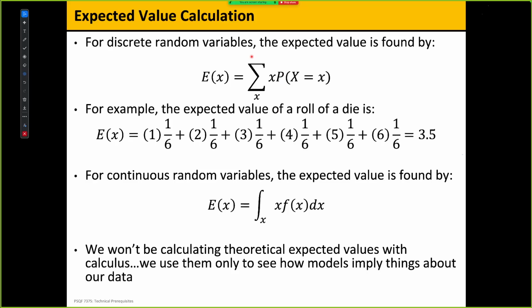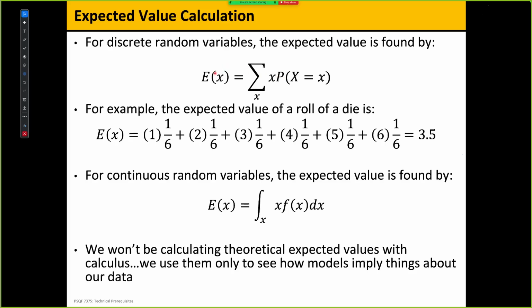Let's describe expected value first. For a discrete random variable, the expected value of x is the sum over the sample space of x, of x itself times the probability that x equals x. Another word for this probability is f of x, the distribution function, the probability mass function.